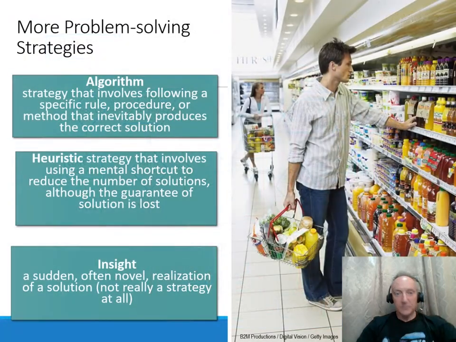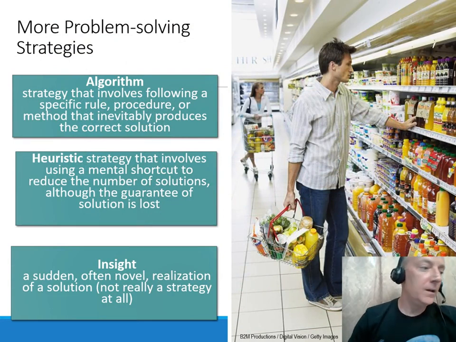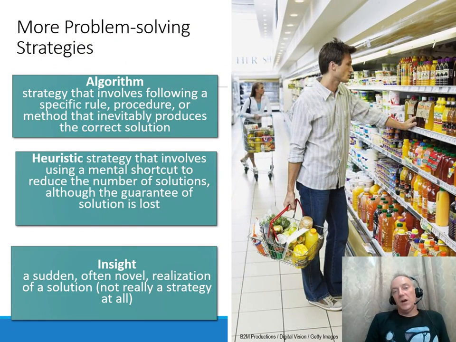Now, algorithms are great. If you know it and you follow it, you're always guaranteed to be right. However, in everyday life, you are making countless decisions on every single day, and life doesn't always come with a set of instructions.